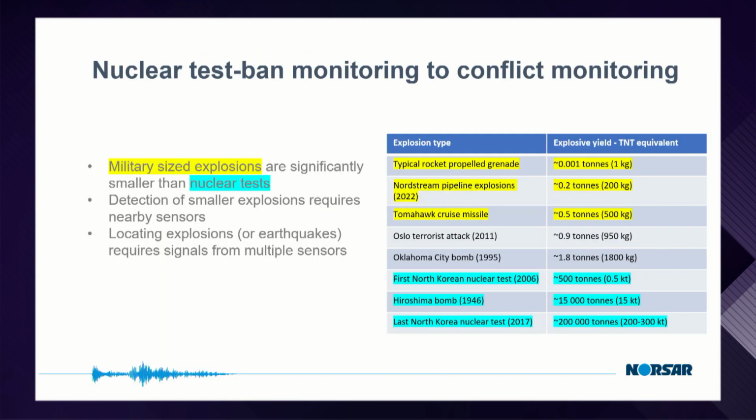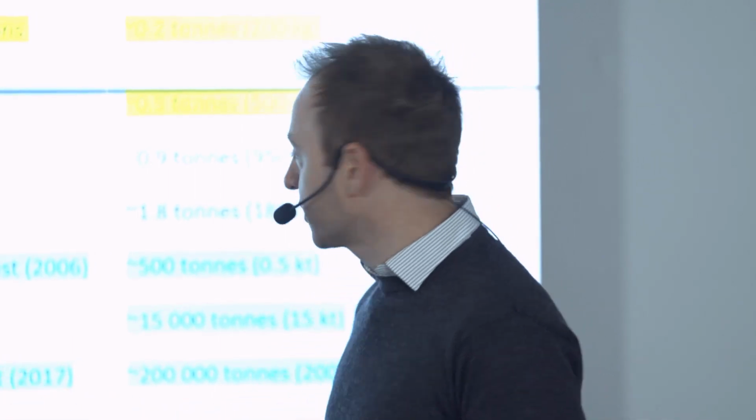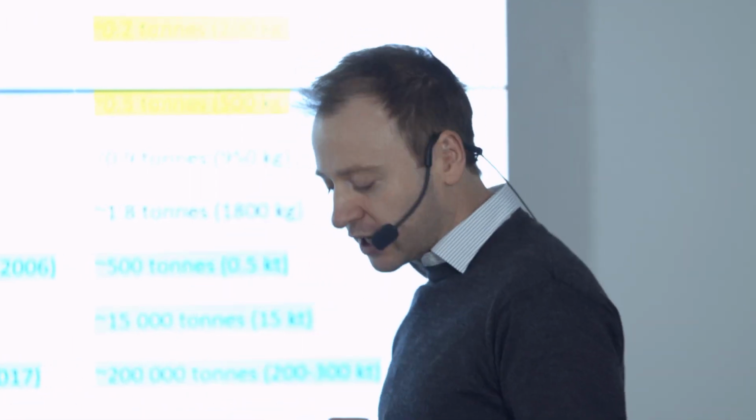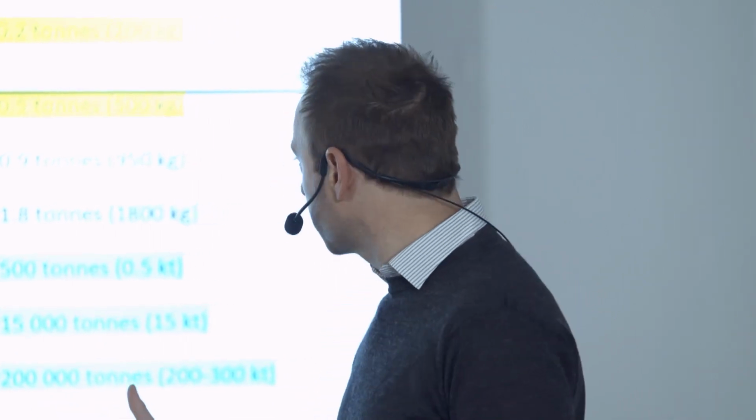But how do we go from monitoring nuclear explosions to monitoring the sort of activities that we see in an active conflict zone? It's incredibly important to note here we're looking at completely different scales of explosions. I have a table here showing the typical size of certain explosions.